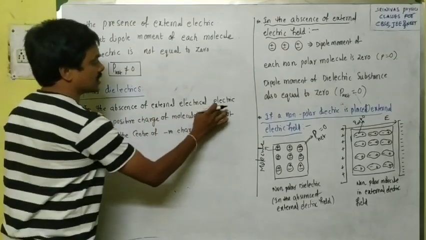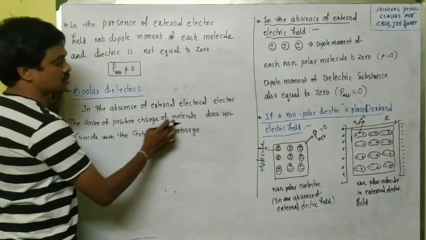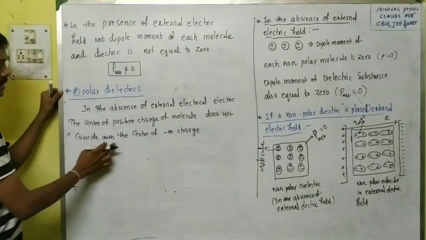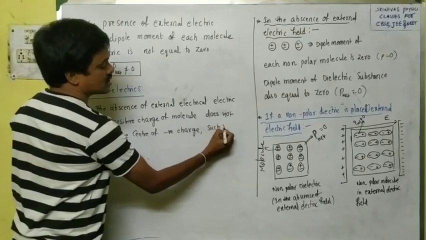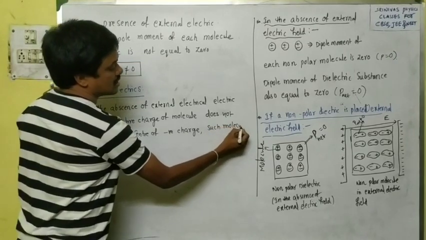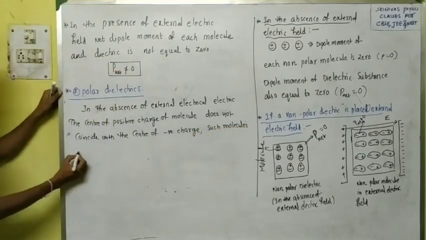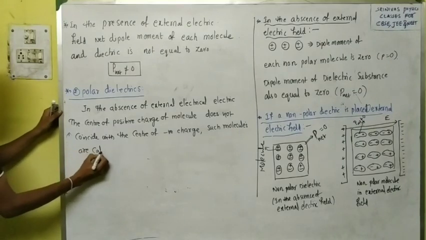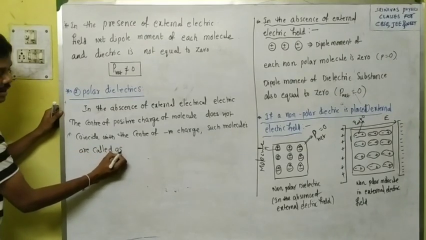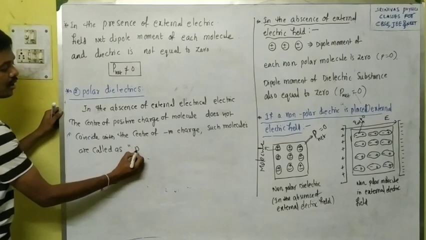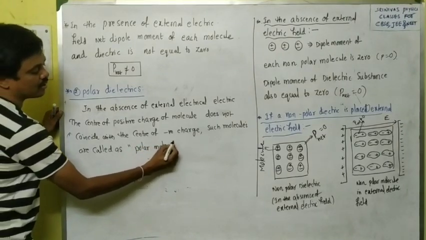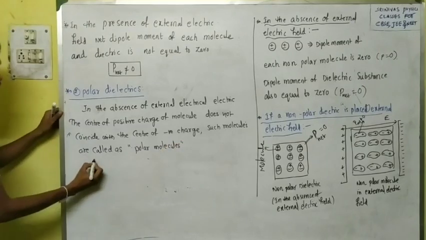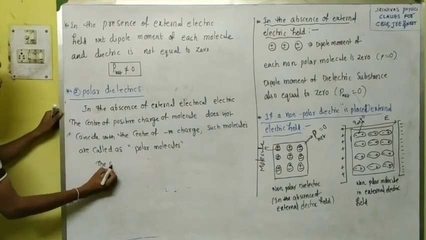In the absence of external electric field, the center of positive charge does not coincide with the center of negative charge. Such molecules are called polar molecules.